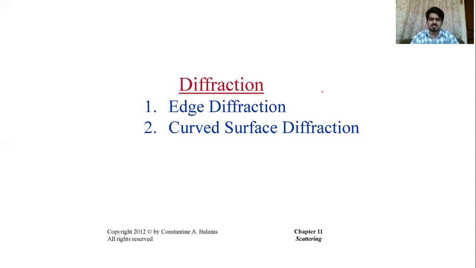And if you remember, for that we used a creeping wave mechanism in order to explain the diffraction from a curved surface. Also, as we just saw in the previous slides, for the wedge we look at the edge diffraction, and we saw how the diffraction patterns are different for two different polarizations, TE to Z and TM to Z, or hard and soft polarization.